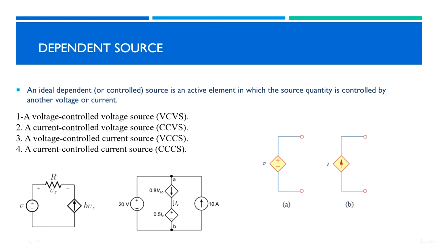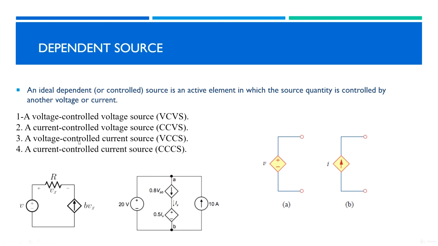Or it can be a current controlled voltage source. This one is a current controlled voltage source. It is a voltage source, but it is controlled by a current inside a circuit, controlled by current Ix. Or it can be a voltage controlled current source.